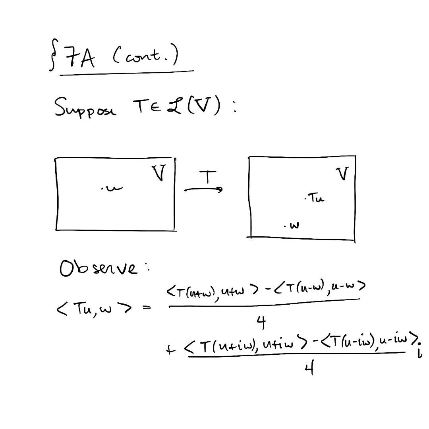Obviously, right? Totally not obvious. And you would only convince yourself of the truth of this statement by actually working out the right-hand side. Like a bunch of stuff cancels, and you just get twice inner product TU with W over 4 plus twice inner product TU with W over 4.